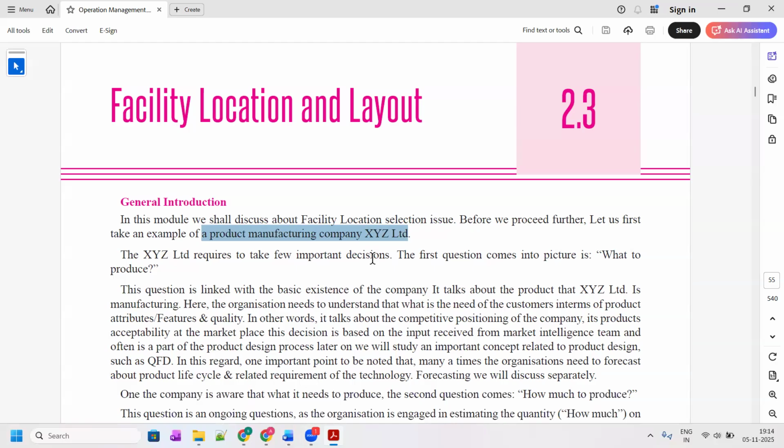This company is thinking about a few decisions. Let this be a manufacturing company called XYZ which is planning to start manufacturing, and before they do, they have some questions in mind. The first question is what to produce.